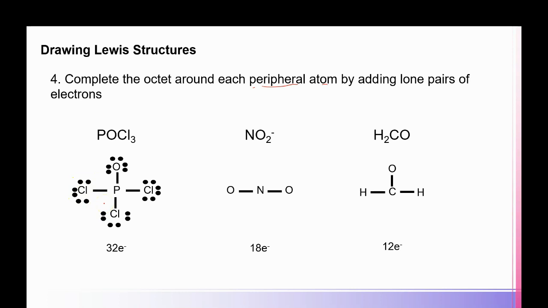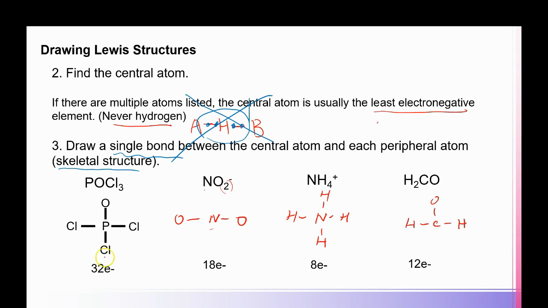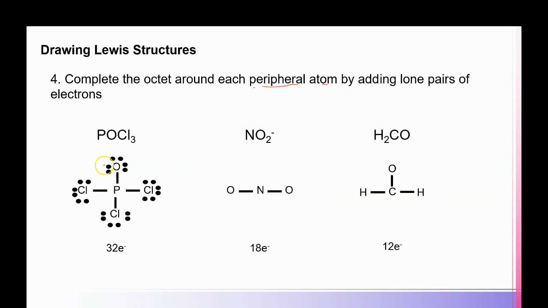But it helps if you keep track of the electron numbers. For example, previously we have 32 electrons total. We put down 4 bonds, that's 8 electrons. So minus 8, and we have 24 left. So now if I put 6 around each to make an octet, 4 times 6, that's 24.